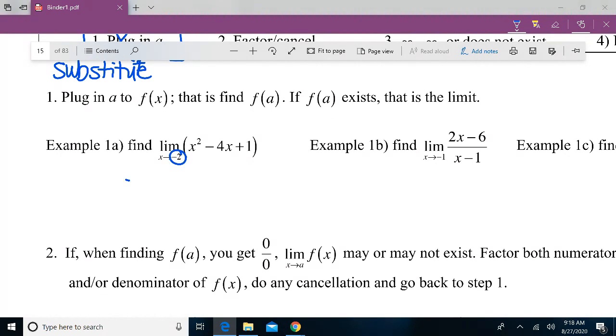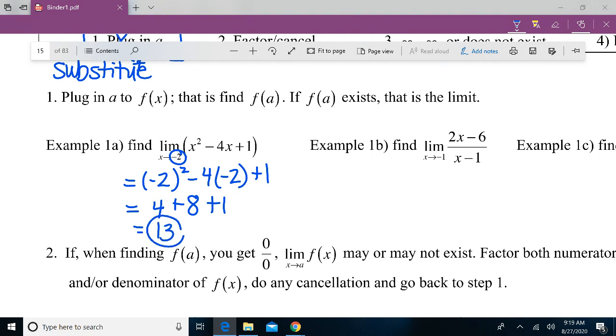So let's see if I get a value. -2 squared minus 4 times -2 plus 1. Well, let's evaluate that. -2 squared is 4 plus 8 plus 1. So 4 plus 8 is 12, and 12 plus 1 is 13. And this is actually what the limit is. So when the function is continuous, we can just substitute in this value. I get 13.